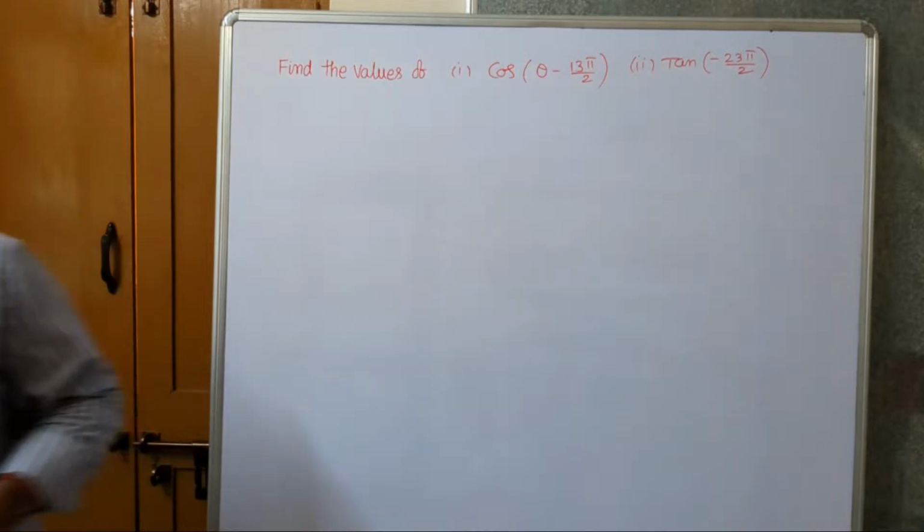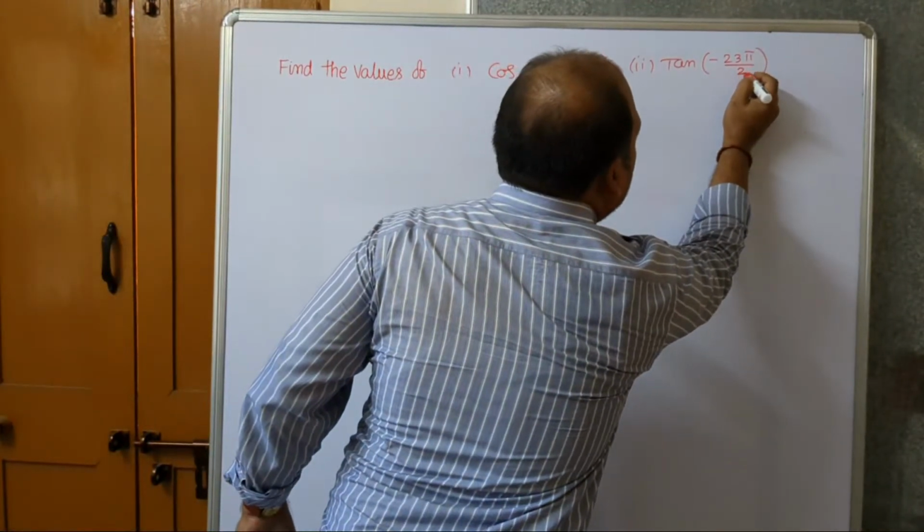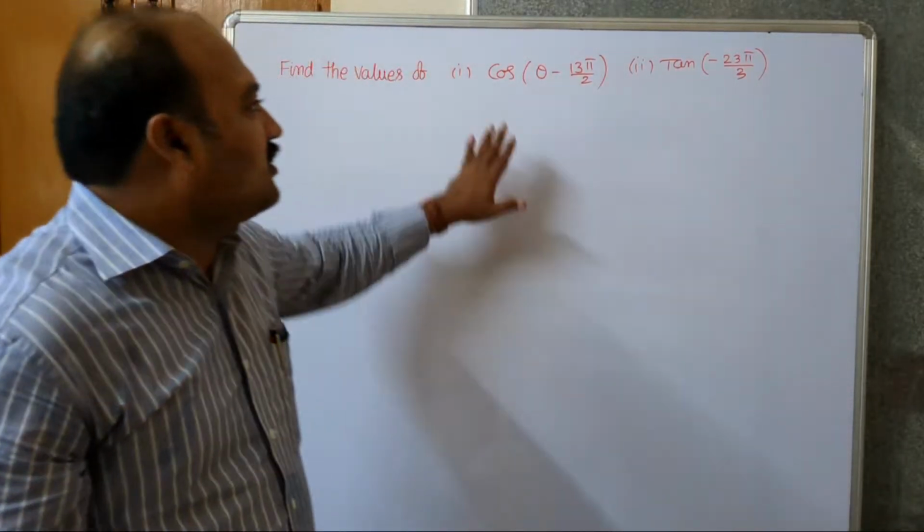A little complicated questions only, pi by 3 I am considering here. So for easy to understand the concept, dear students, one by one we will discuss now. So first question here.